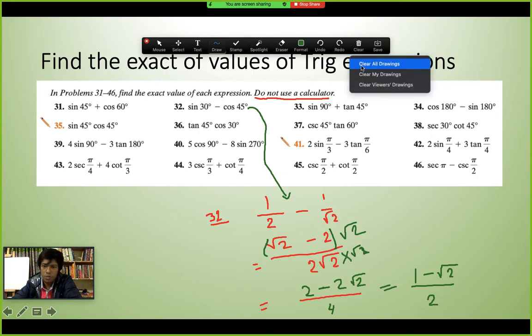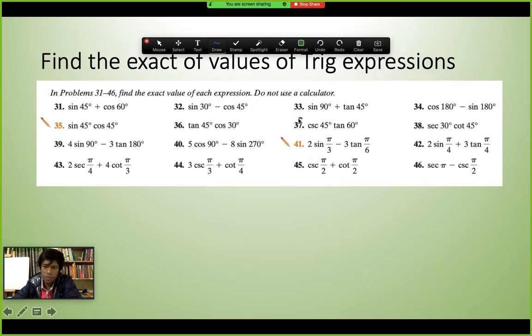let's try to do one more math. Number 37. Let's do number 38, because number 37 you can also do if necessary. You have the answer. So this is sec 30 degree, cot 45 degree. Okay, sec 30 degree.